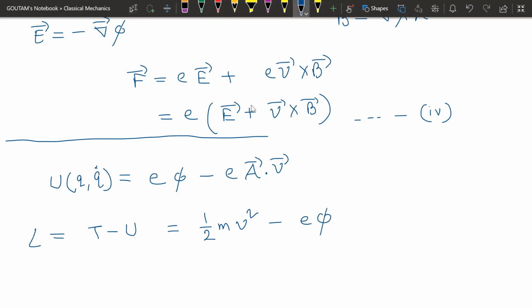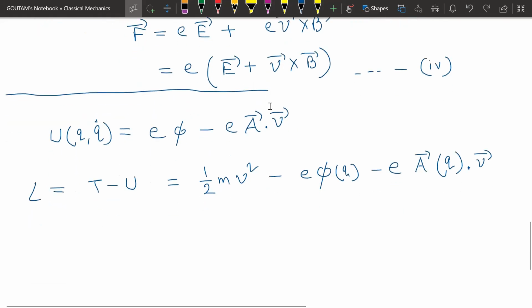This phi is not velocity dependent; it depends on the q's, and minus e A dot v. This A also depends on the coordinates, but in the potential there is v. So this is the velocity dependent term in the expression of U.